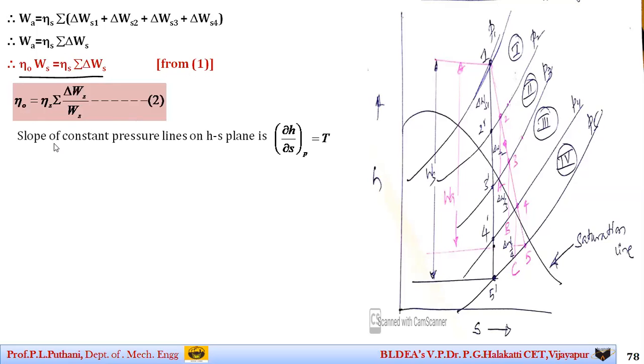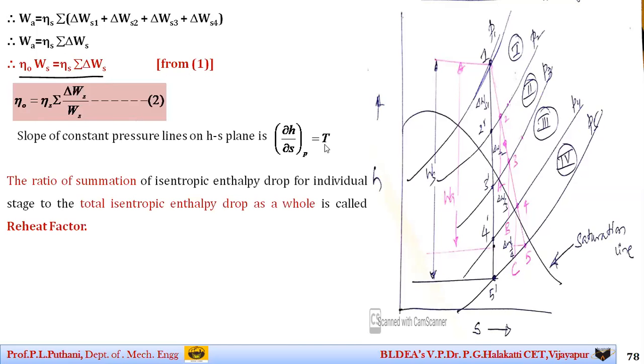So already we know that we have a slope of constant pressure lines on the h-s plane as dou h by dou s at a particular P, which is equal to the temperature T. This means the ratio of the summation of the isentropic enthalpy drop for the individual stages to the total isentropic enthalpy drop as a whole, we call by a term known as the reheat factor, represented as RF.